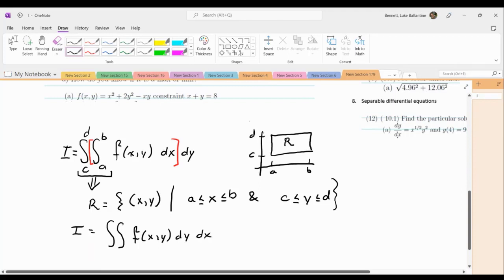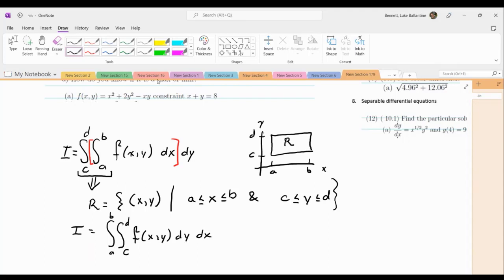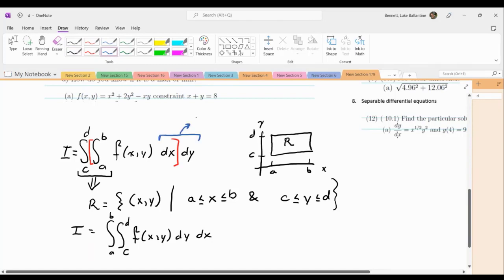Well, if we just switch the differentials, y is still going from c to d, and x is still going from a to b, so this really doesn't change anything. We just put c to d right here, and a to b. But I asked what this information encodes, and I neglected to ask, what does this information encode?